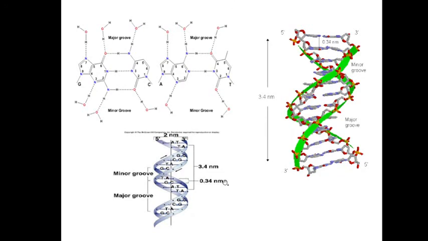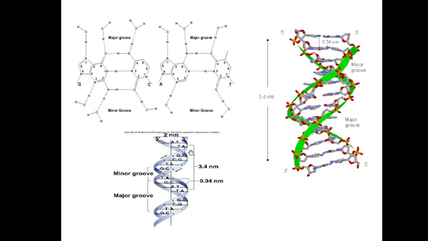And the helix pitch, that is the distance between two consecutive minor grooves or major grooves, that is one helix, is 3.4 nanometer or 34 angstrom. In the B form of DNA, in this one helix there are around 10.5 base pairs.